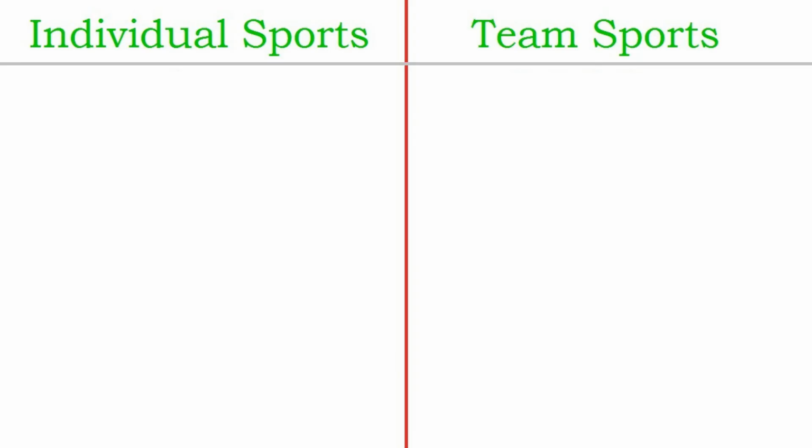First example, tennis. Is tennis an individual sport or a team sport? How do you know? What is the number of people playing tennis? Only one person versus another. One person. So tennis is an individual sport.